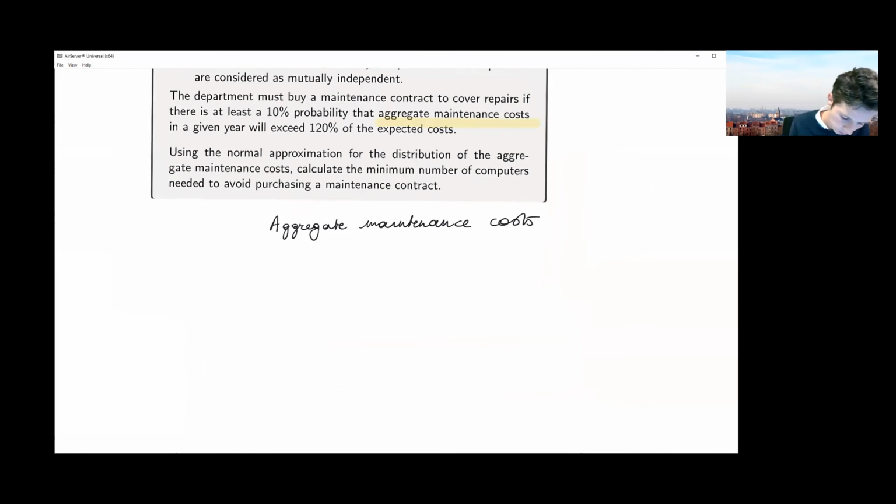So the aggregate maintenance costs will become a sum over all machines in the department. And then per machine, the maintenance costs over a year will be written with a sum once again. Per machine, we sum over the random number of calls that one has to make for this machine i, and we sum the costs of the interventions that we have to make for this machine i. So this is a sum over all machines in the department.